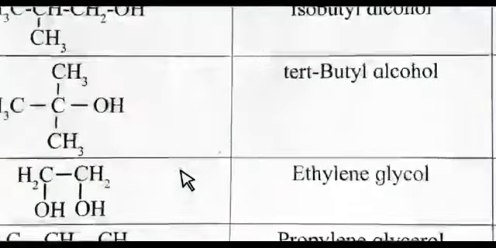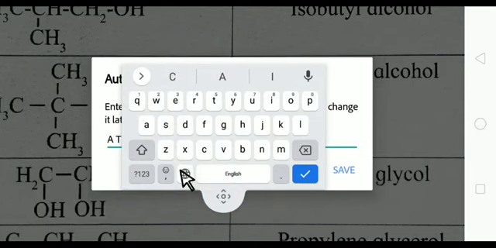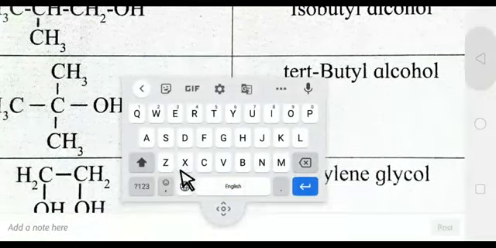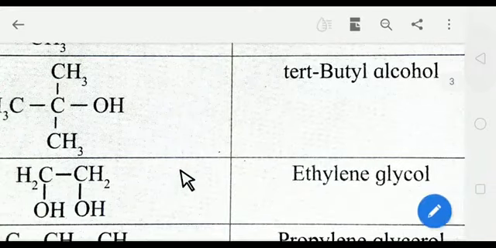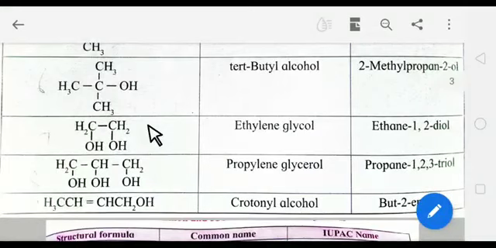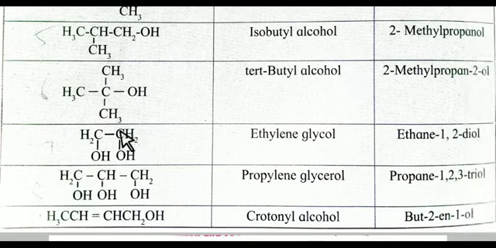Now see here, 2 carbon atoms are there. It means that there is an ethane group, so it is ethane-1,2-diol.